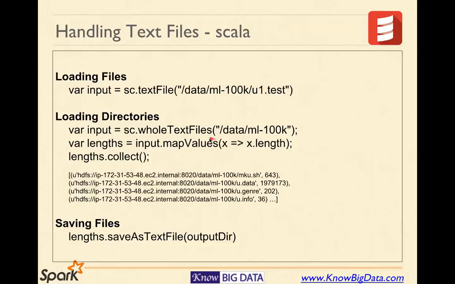We said load this whole folder, and then each value should be converted into its length. So we are left with the size of the file. And then we said length.collect, and that's what we get. Is it clear to everyone? Okay.